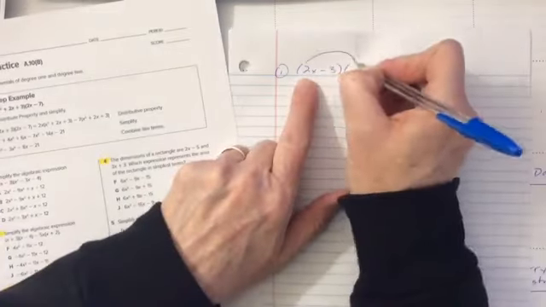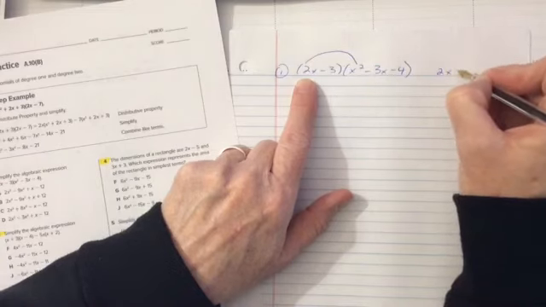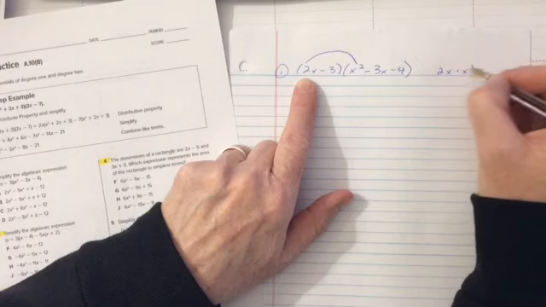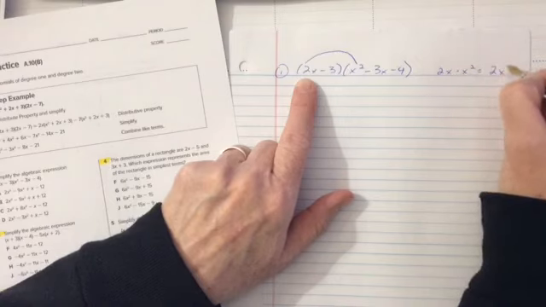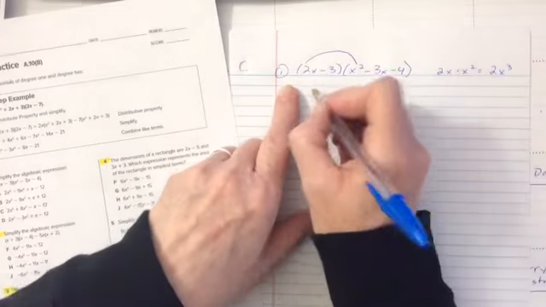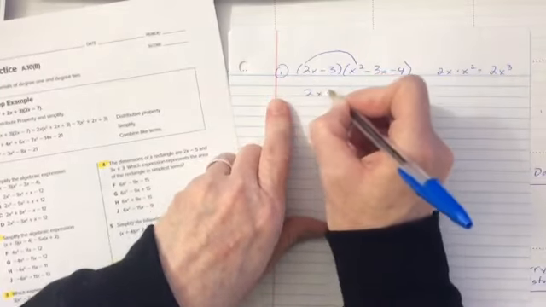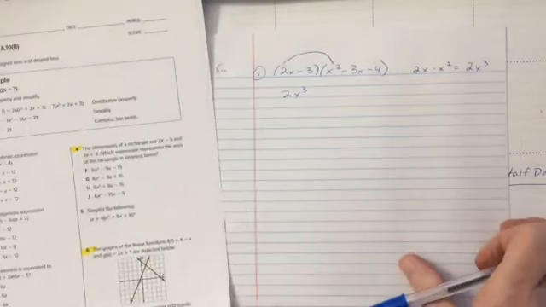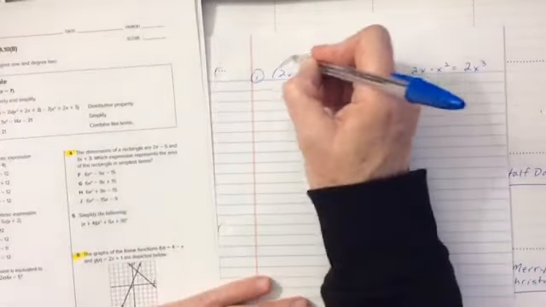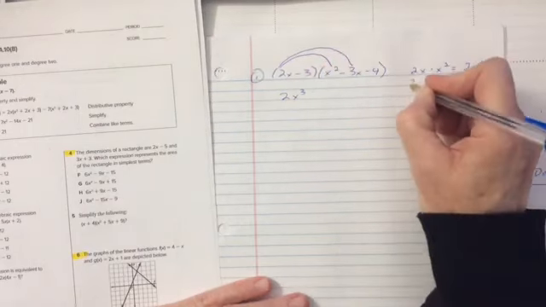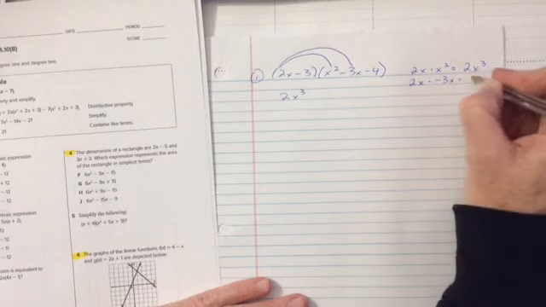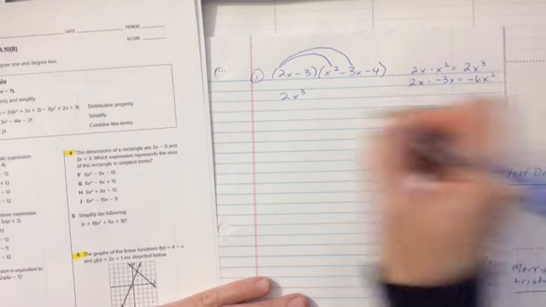So, first we multiply 2x times x squared, or x to the power of 2. That's going to give us 2x to the power of 3, because you add the exponents. So we have 2x to the power of 3. The next one, we multiply 2 times negative 3x, and that's going to give us a negative 6x to the power of 2.